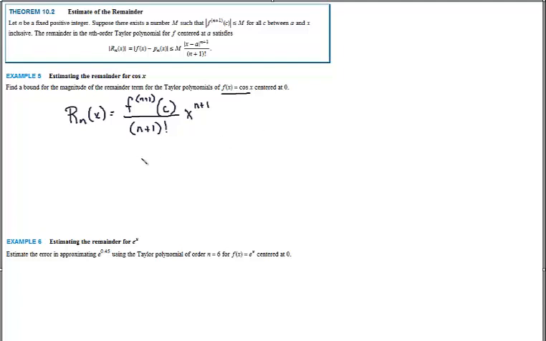So I could look at the absolute value of this remainder as being less than or equal to some x to the n plus 1 over, my a is 0, notice, n plus 1 factorial. And this is what my remainder would be, since my M is 1.